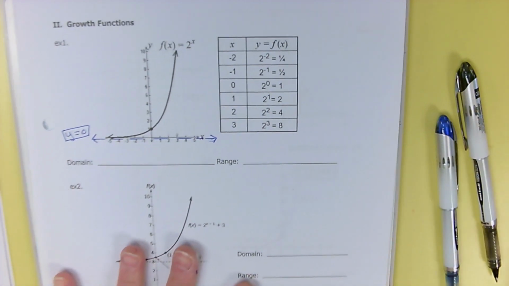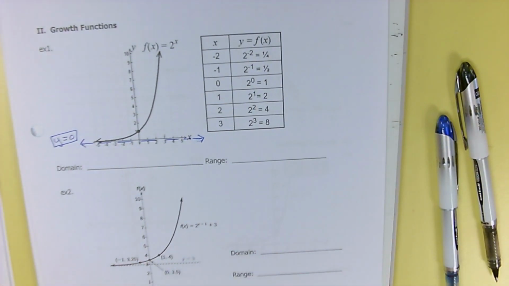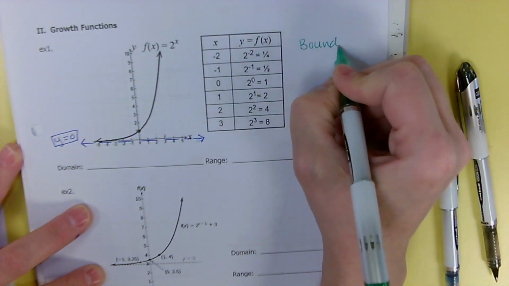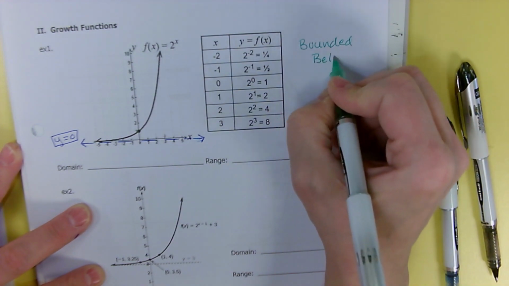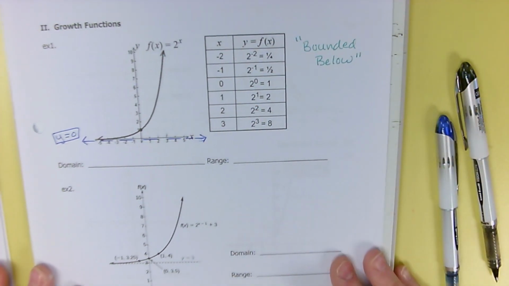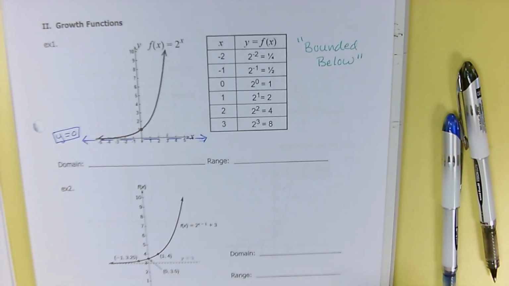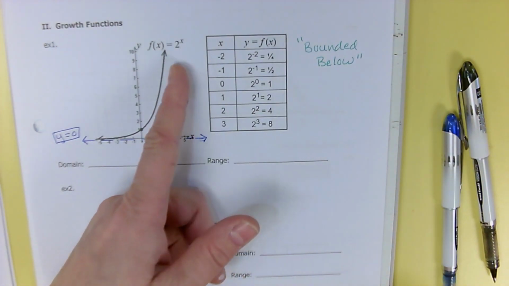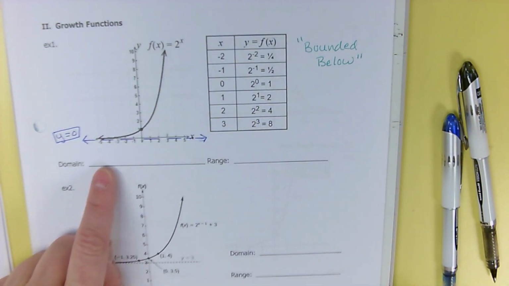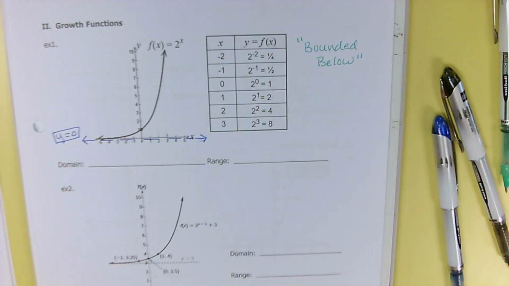If I had to describe the graph, other than the fact that it's exponential growth, we would say it is bounded below, which means there's a point at which the graph will not go down anymore. Now, it's not bounded above because this arrow keeps going on forever. It's just bounded on the bottom by the asymptote.